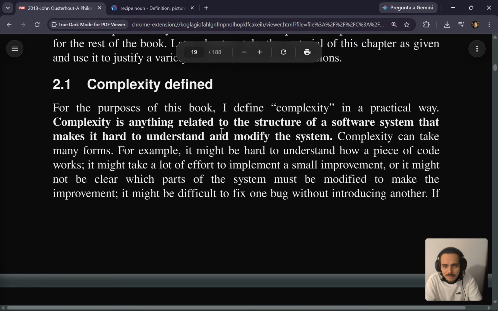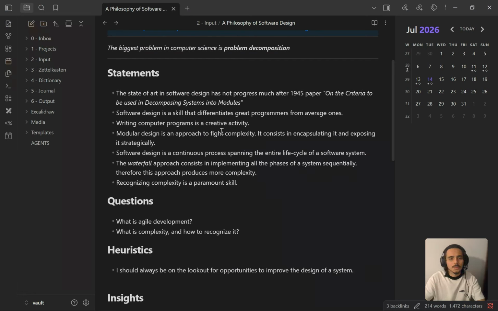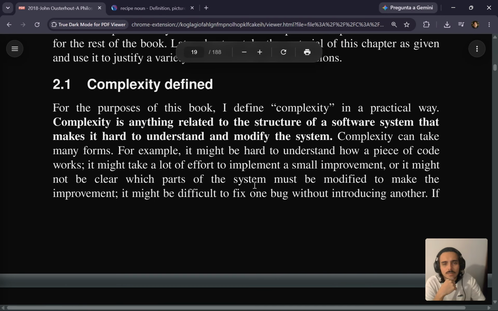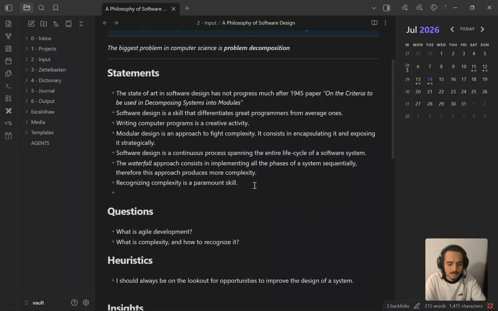Okay, let me think about this definition. Perhaps I want to transcribe it. Complexity is related to structure. Complexity is about structure rather than behavior.